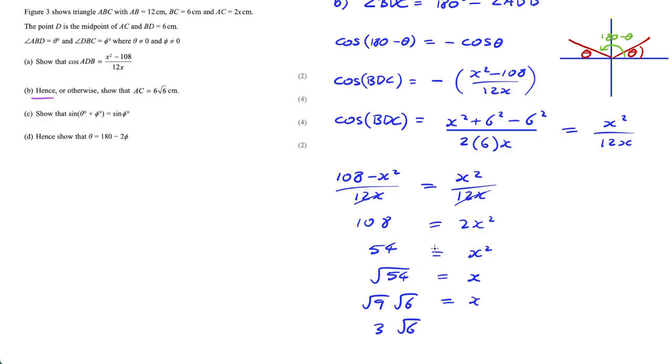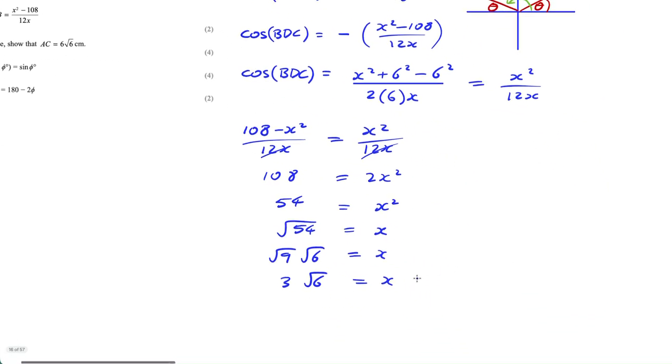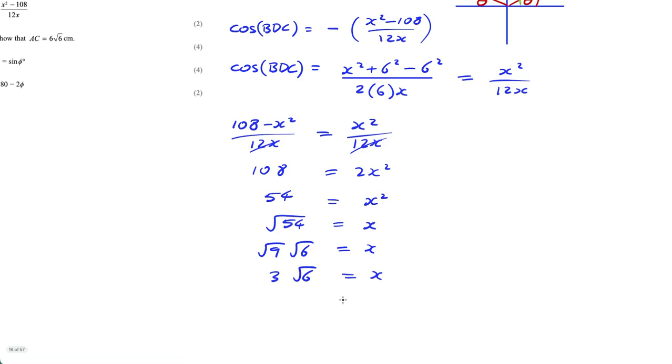Now guys, that is x, but we're trying to find 2x because we're trying to find AC. So if x is equal to this, then AC equals 2x, which means AC equals 6 root 6, which is 2 of these.